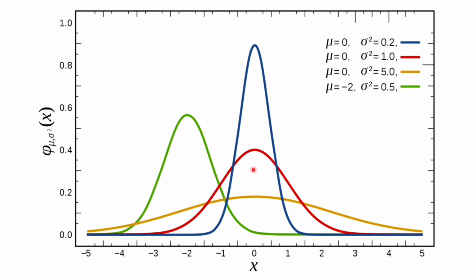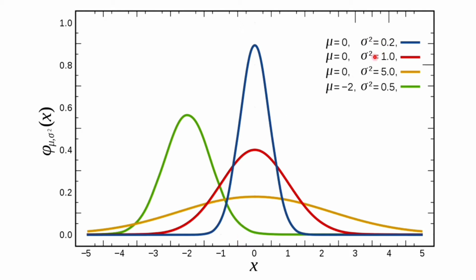So this is the point of symmetry. This is the average performance of the people or the items that is considered. Whereas in the green one, the average itself is -2. So this has a bell shape about this -2, whereas the other three have a bell shape about 0.